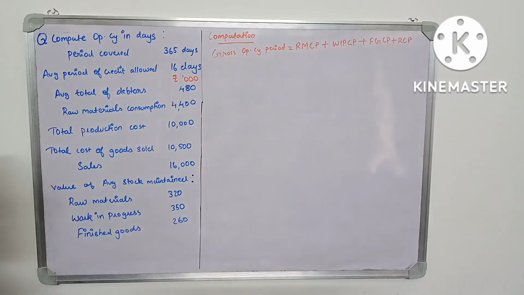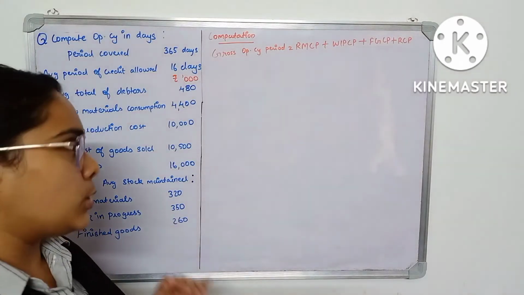Raw materials consumption 4400. Total production cost 10,000. Total cost of goods sold 10,500. Sales 16,000. Value of average stock maintained: raw materials 320, work in progress 350, finished goods 260. So these are the information available to us.